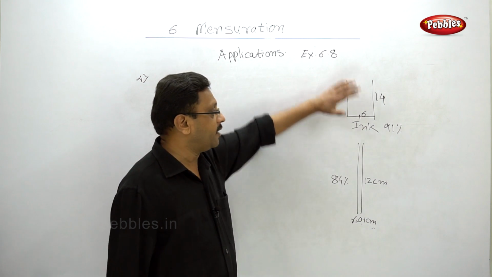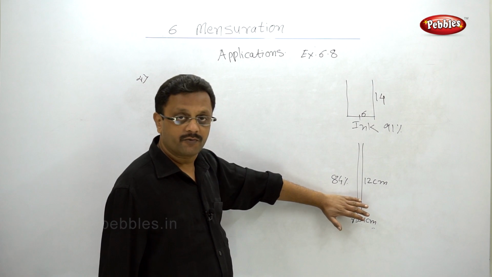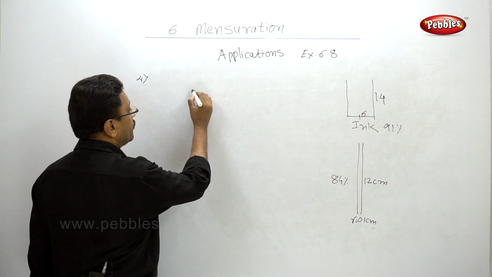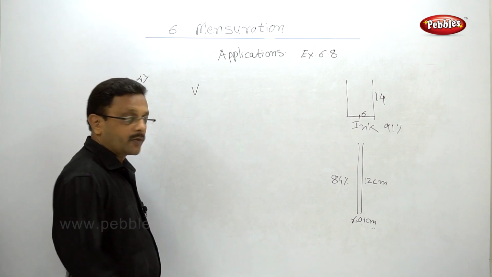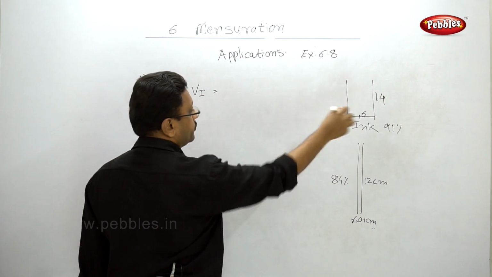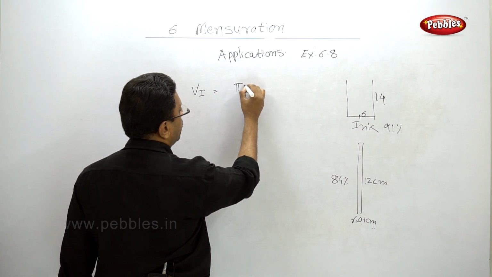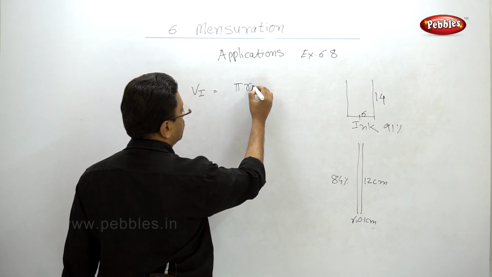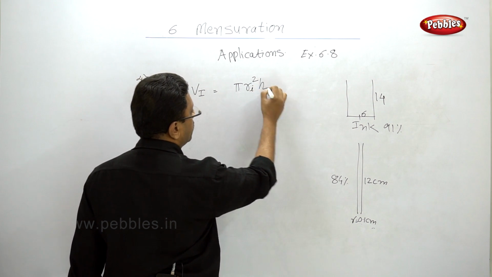Okay, by dividing this volume by this volume. But they are not fully filled. So I can say the volume of ink is equal to pi r square h.